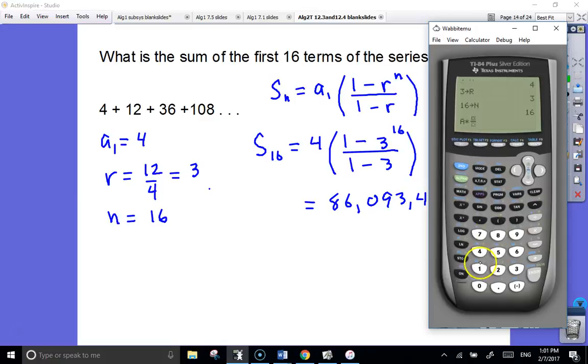All right, so I'll say 1 minus alpha R raised to the alpha N. Got a right arrow to get out of the exponent, right arrow to get to the bottom, and then 1 minus alpha R. So now when I hit enter, it should do the whole calculation for me.